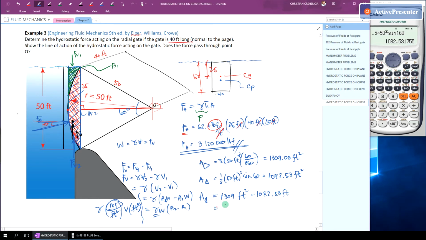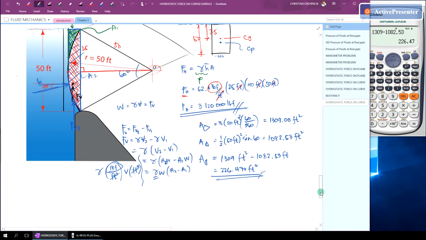Okay? So, we will have, so, i-round off ko na dito. 09 minus 1082.53. So, we have 226.470 square feet. Okay.